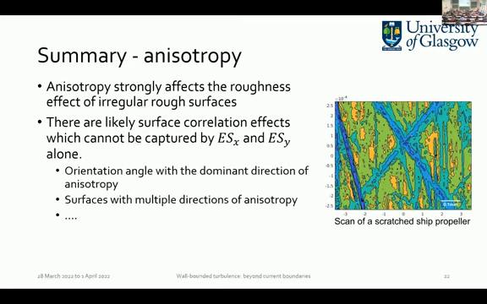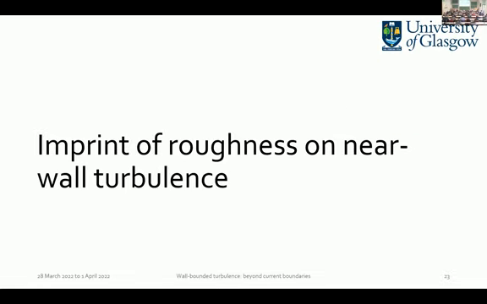Currently we basically just look at examples where this is 0 degrees or 90 degrees and not at angles in between. And then we also sometimes see surfaces with much more complex anisotropy features, like for example, the scan of a scratched ship propeller, where we have multiple directions of anisotropy, and they may potentially exhibit a much more complex behavior.